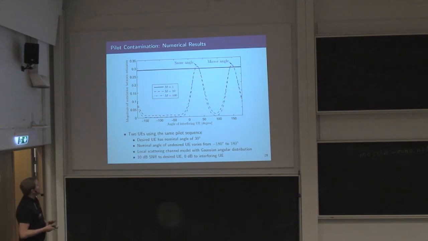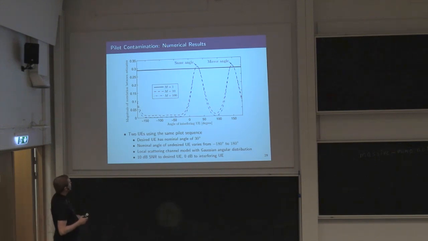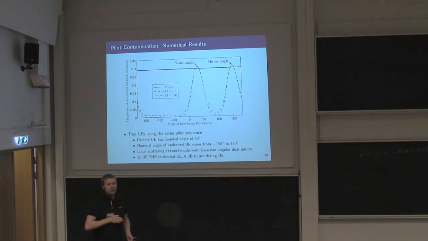And the first way of looking at this, that hopefully answers some of the questions that were asked, is shown by the following simulations. Here I am looking at two different users. One of them sends a signal to me as a base station array here, coming in from angle 30 degrees. Here is 30 degrees. Then the other user has an angle that varies between minus 180 and plus 180.